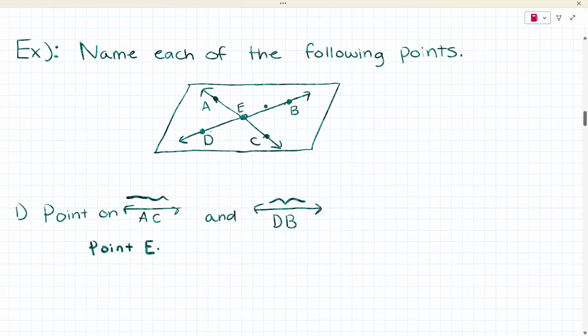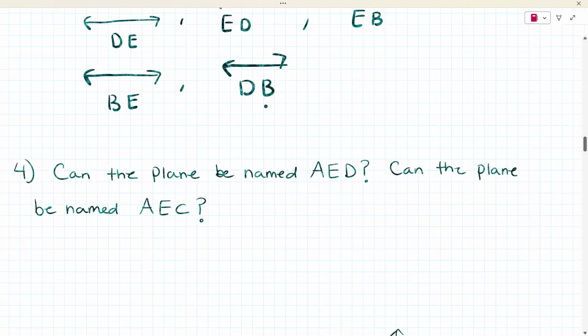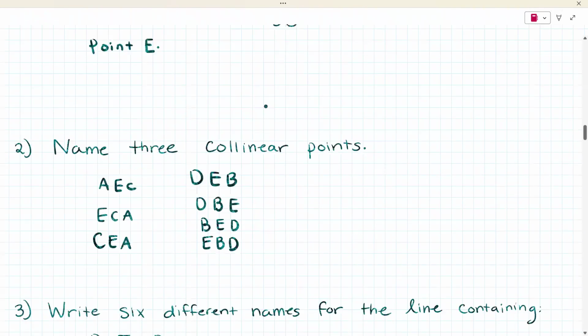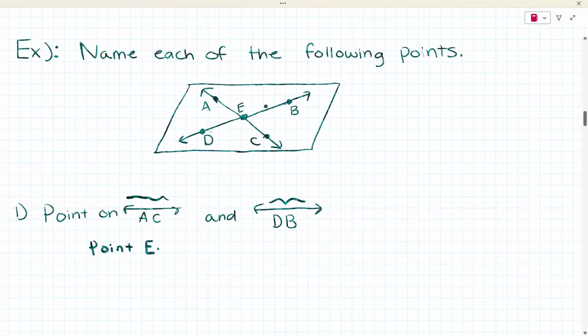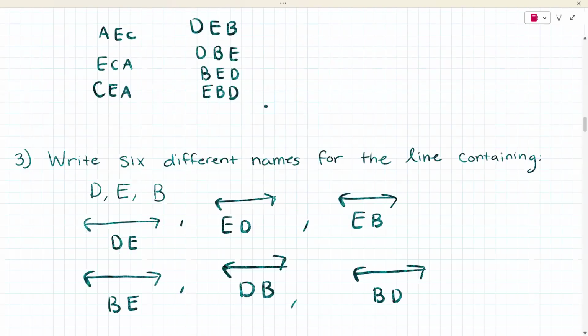Here's D, here's B, yes. And then maybe the last one could be line BD. Yes. So that goes through the points DEB. Good. Okay.